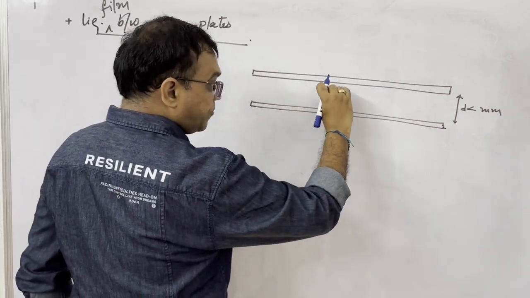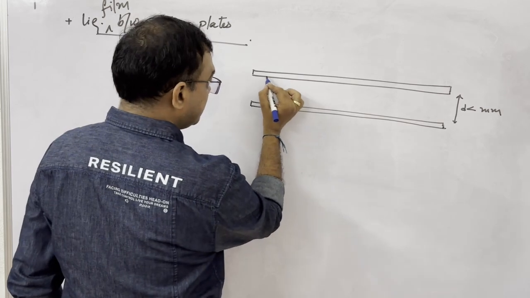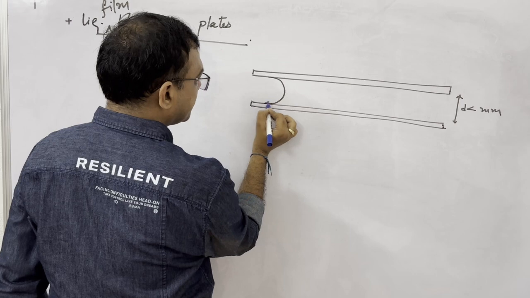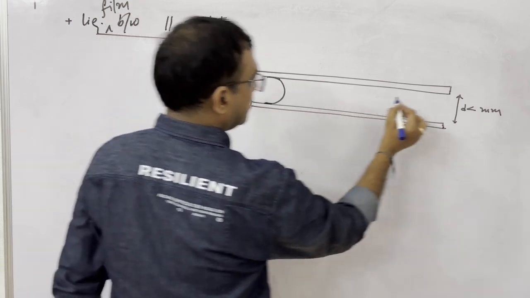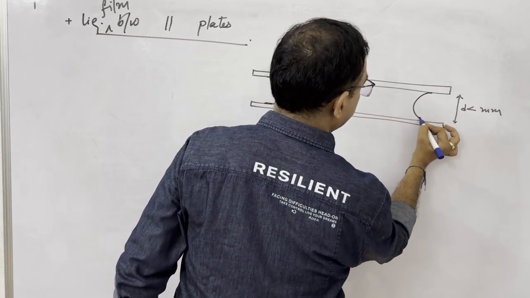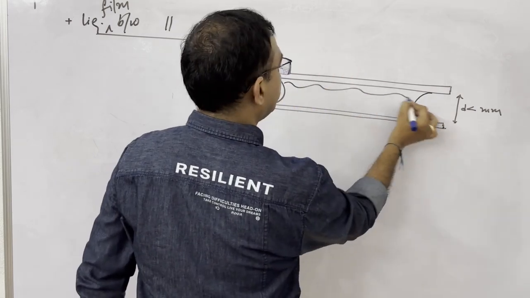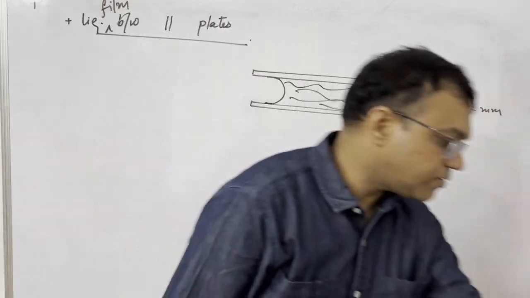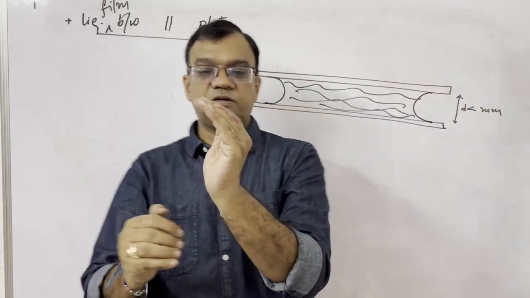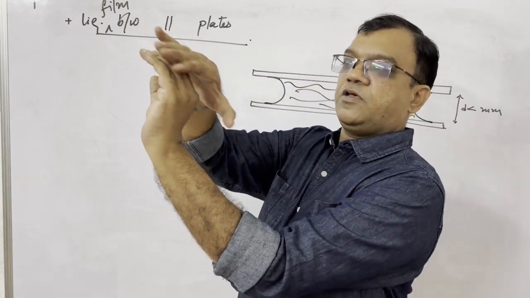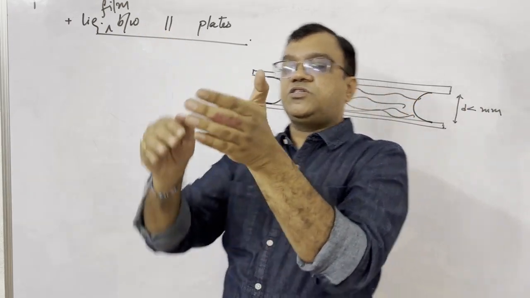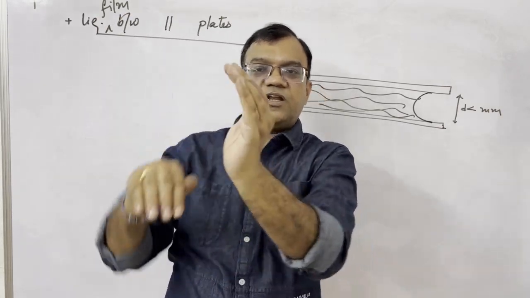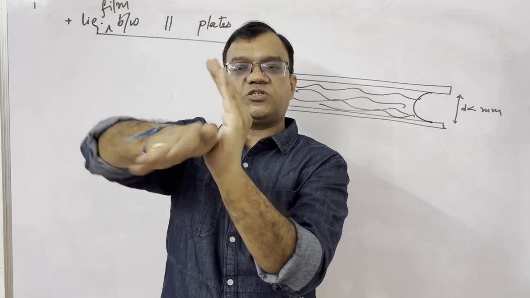Now when the liquid drop has come like this, the liquid drop takes this shape. I'll try to explain the shape. Here the liquid becomes like this, and it takes this type of cylindrical curved surface, a half cylinder, like this.